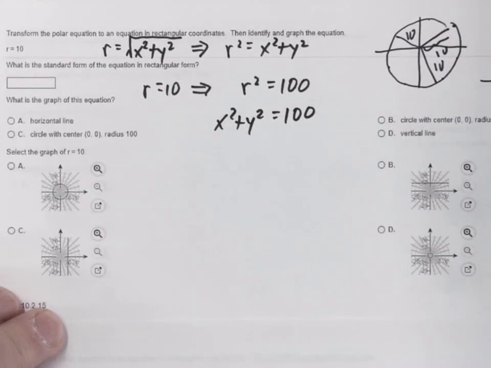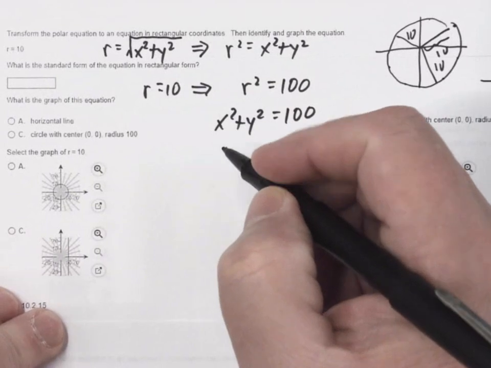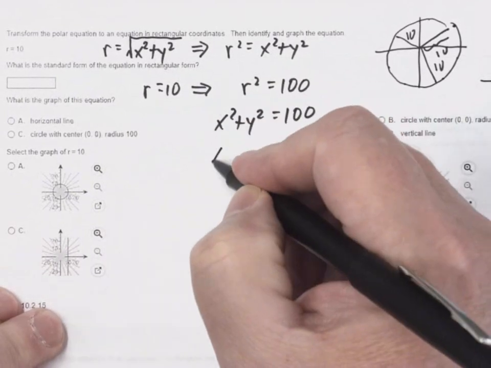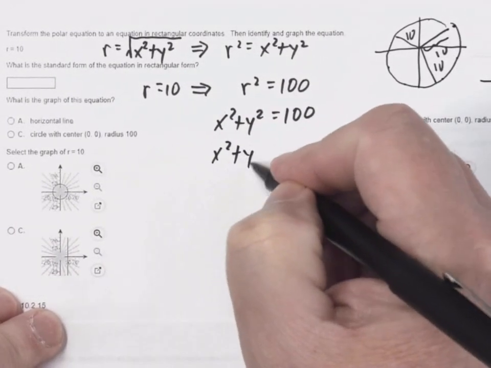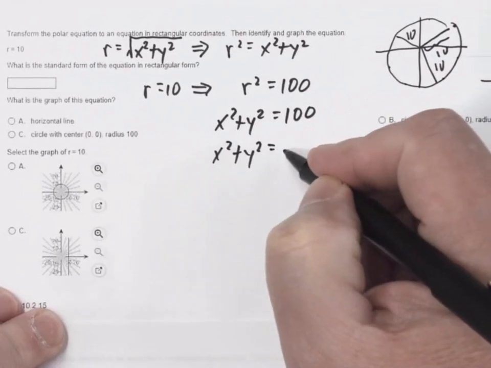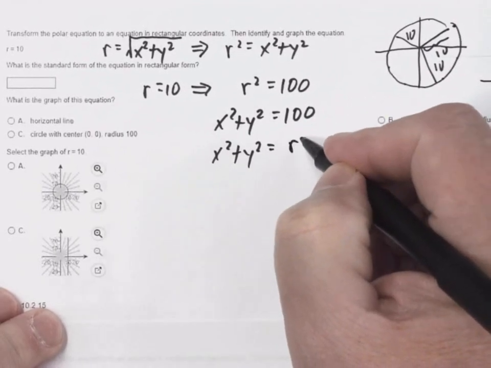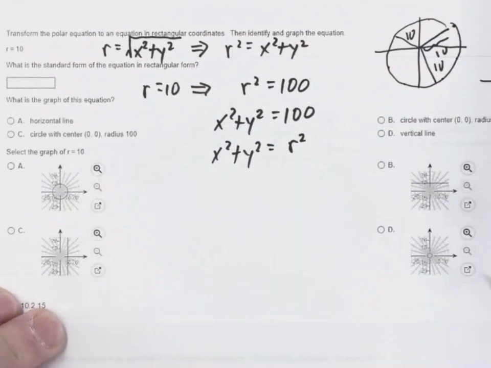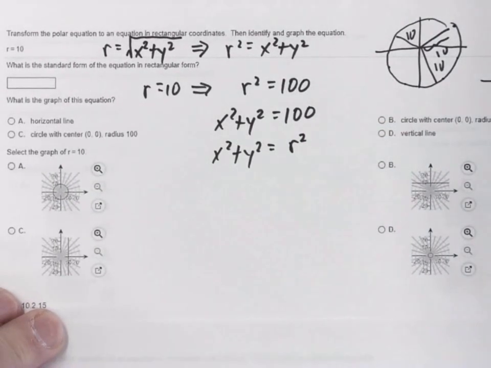Now if you recall from geometry or other classes, what's the standard equation of a circle? It's x squared plus y squared equals r squared, where r is the radius.